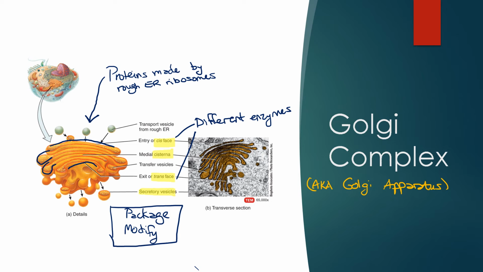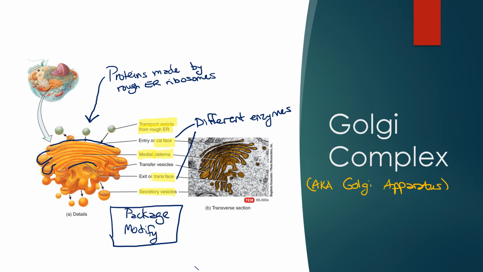So the cis face is going to be this convex surface, and this is where it's going to face the rough ER, and it accepts the proteins that are synthesized by the ribosomes attached to the rough ER. This is where those vesicles that have proteins made by the rough ER ribosomes come in. And they will travel through all these middle cisternae.